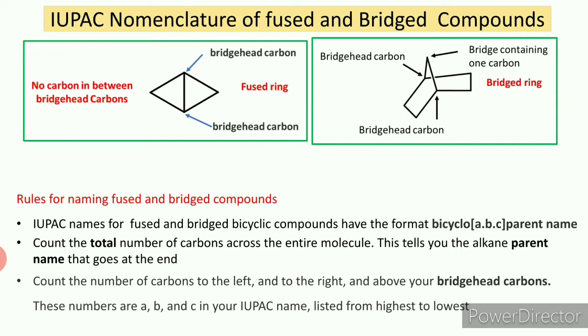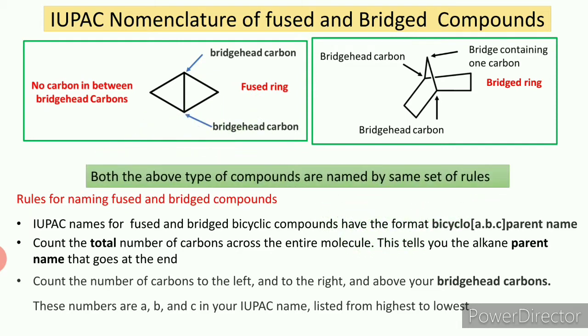Here I have shown one fused ring and one bridge ring compound. You will see that the difference between these two types is that in a fused ring there will be no carbon between the bridgehead carbons, and in bridge rings there will be at least one carbon between the two bridgehead carbons. Both types of compounds are named by the same set of rules.